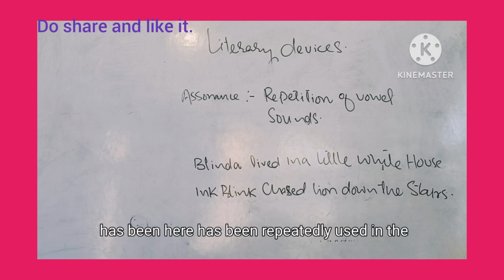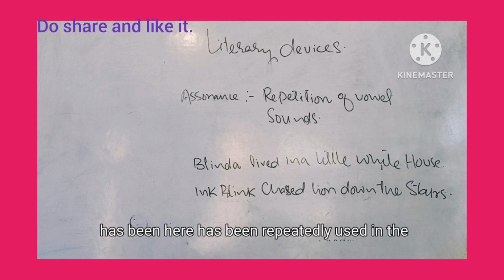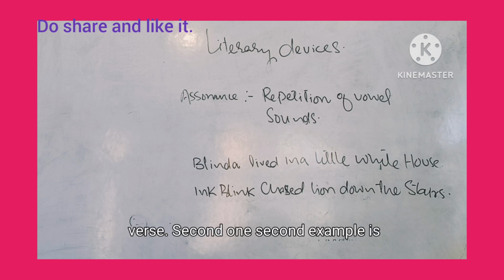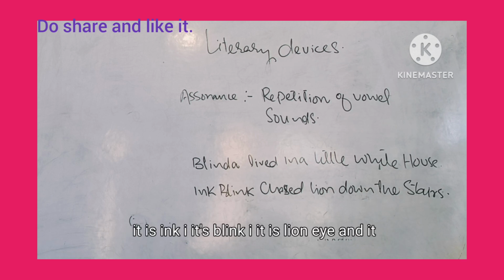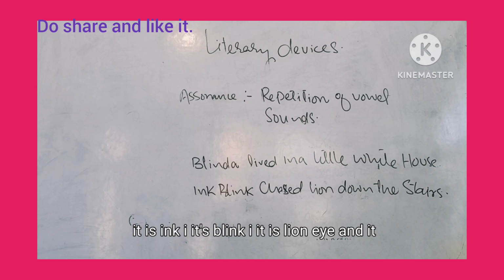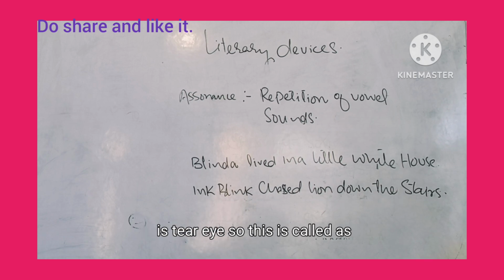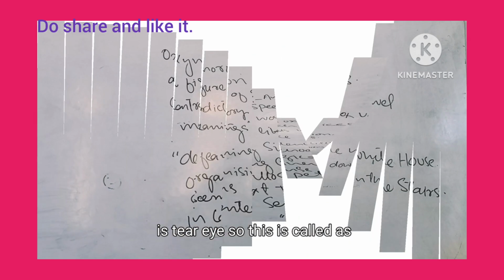Second example: it is ink, blink, lion, stare, the same vowel sound again. So this is called assonance, the repetition of vowel sounds.